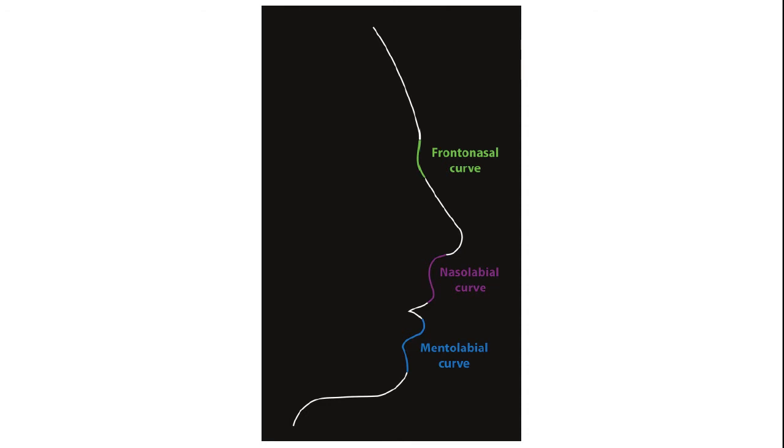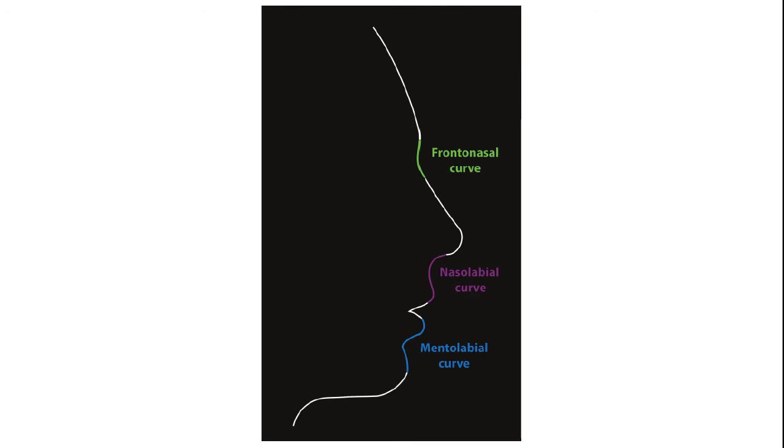He emphasizes the curvilinear form of three specific regions. The first is the frontonasal curve. This is the uppermost curve of the facial profile, joining the nasal dorsum and radix to the glabella region. The form of this curve provides much of the characteristic of the upper face.